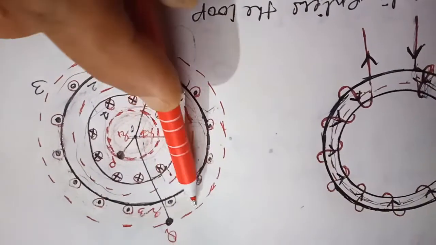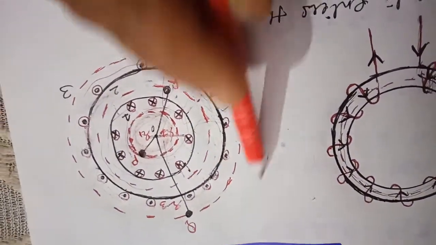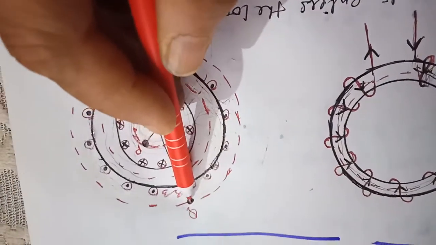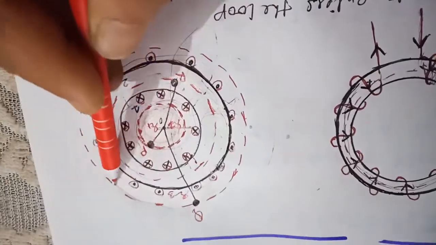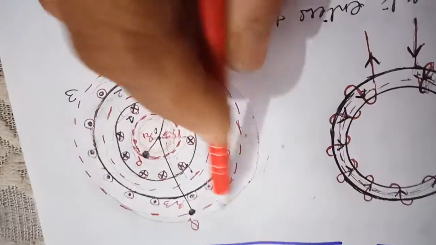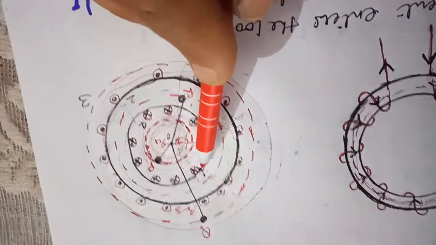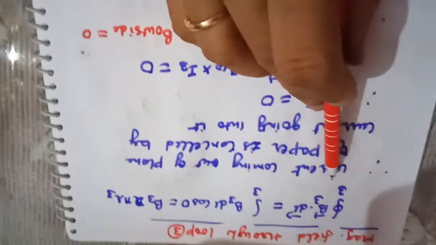So what will be the current threading around this Amperian loop passing through the point Q, where you are going to find the magnetic field? No current is flowing through this Amperian loop also, because the algebraic sum of these two currents is equal to 0.